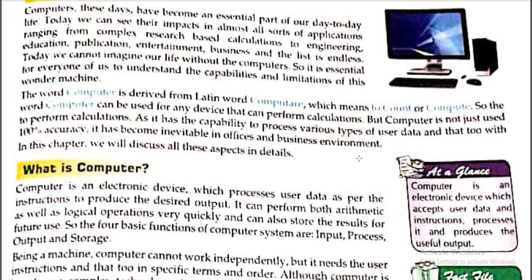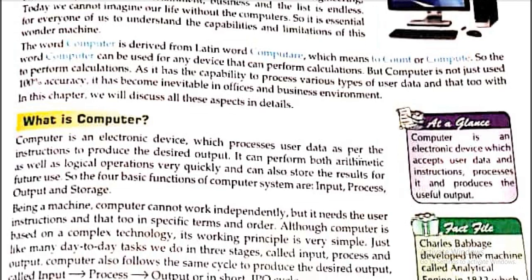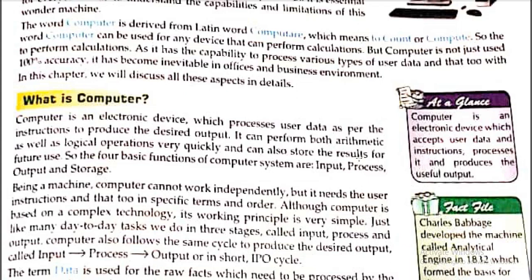Basically, the word computer came from the Latin word, which means to count. So any device that can count, you can say that is a computer. Okay, so what is a computer? We already studied in the previous classes. A computer is an electronic device which processes user data as per the instruction to produce the desired output.